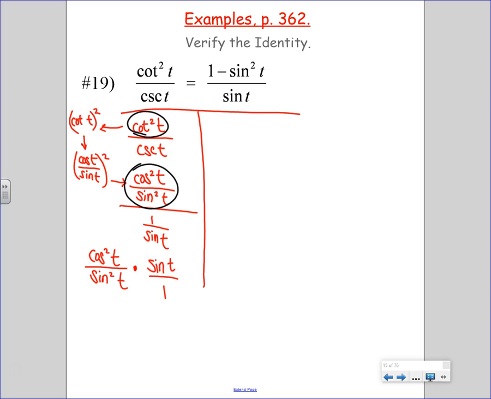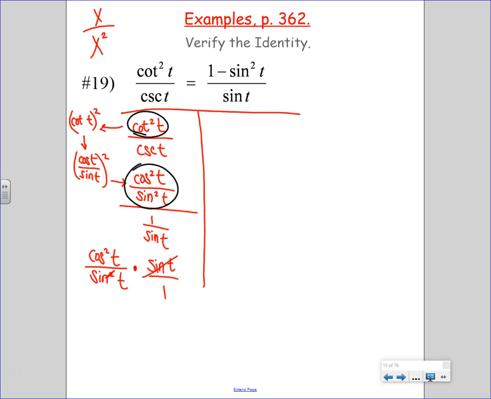How is that helpful? You see a sine on top and sine squared on the bottom. So what can that become? The sine is going to reduce with one of the sines down below. Like if you had x over x squared, the x squared would just turn into an x.